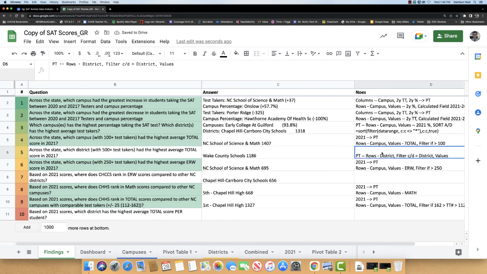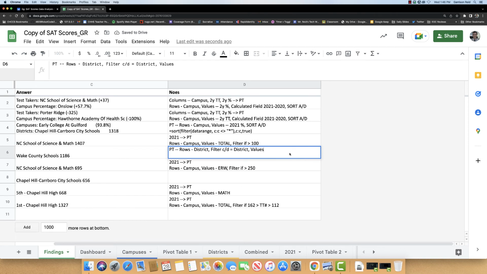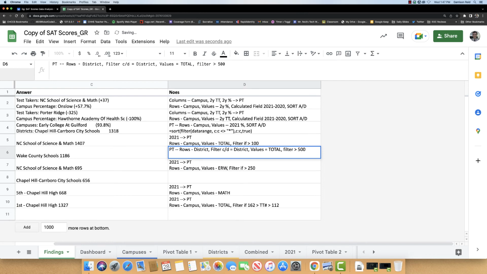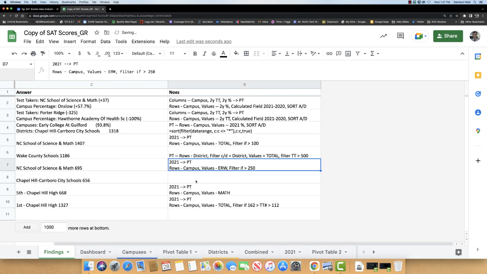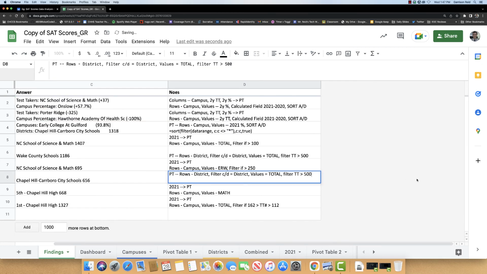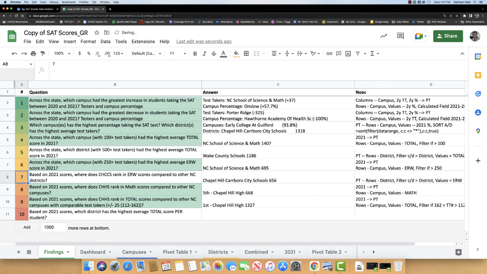This was the highest total. Values equals total. And we also had a filter that was greater than 500 total test takers. Then the next question was related to English reading and writing. We just did that one. So instead of totals, I looked at English reading, writing. Instead of filter, there was no filter. Okay. Chapel Hill was first in that order.